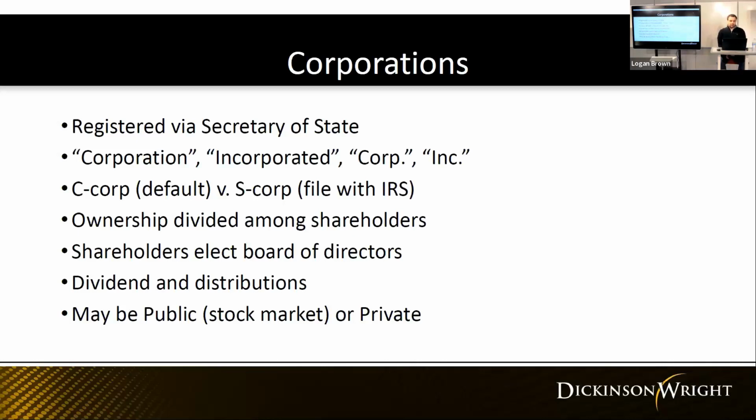In a corporation, ownership is divided among what are called shareholders, and collectively the shareholders elect a board of directors that makes all the major business decisions for the company, and then gives guidance to its officers, its C-suite, its CEO, its CFO, its chief information officer, and has the ability to hire employees in those roles. Payment from a corporation is typically through dividends and distributions, which can be taxed at a more favorable scale, particularly if you are a higher income individual.